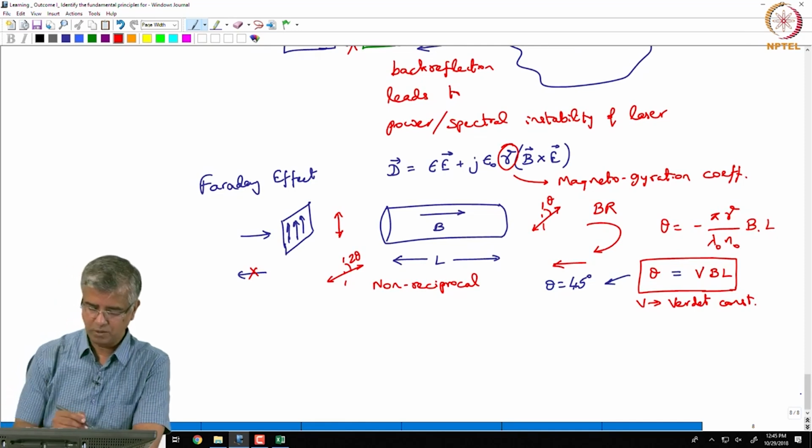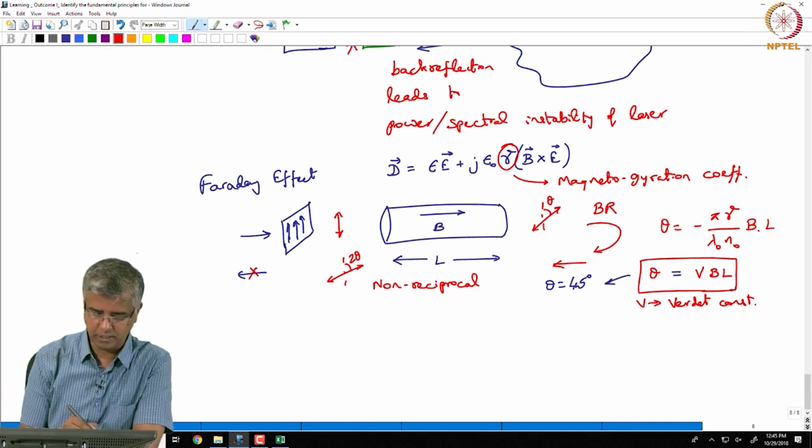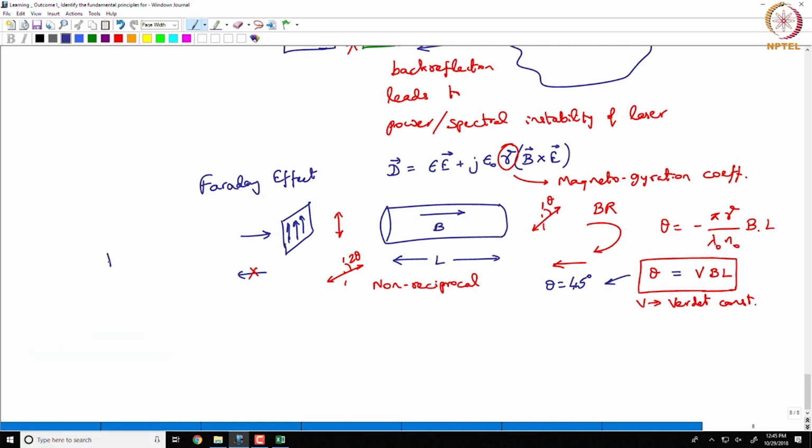So, this is the principle for what is called a polarization sensitive isolator. It is called polarization sensitive also because of the fact that only if you have polarized light you will have maximum throughput, right. Only if you have polarized light matching the input polarizer, then you have maximum throughput.